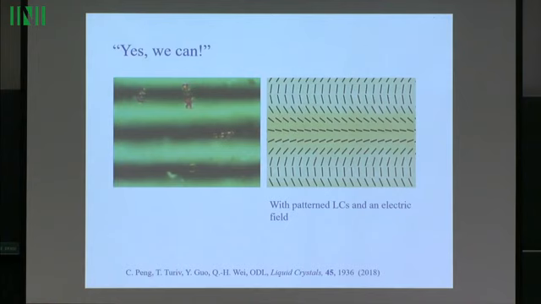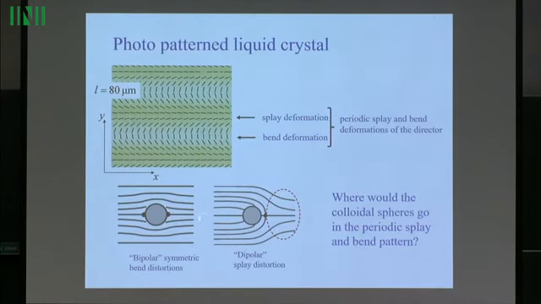The only thing that you need to do here is to create this pattern of the director. And the particles that differ in surface alignment would prefer different regions of this pattern. So here the particle with normal boundary conditions creates a region on the right that is reminiscent of splay.